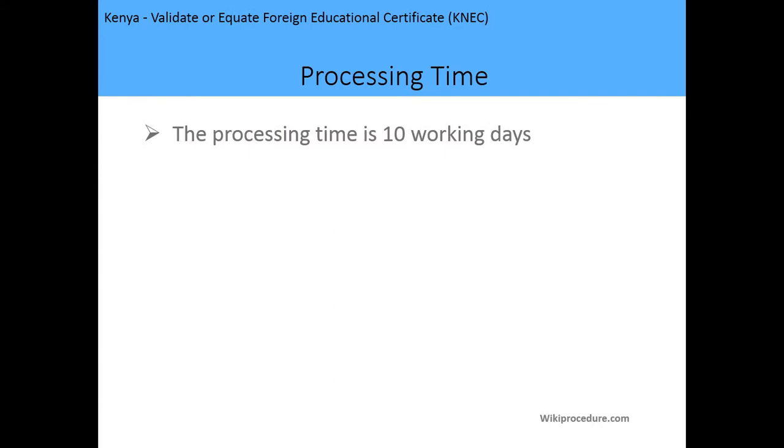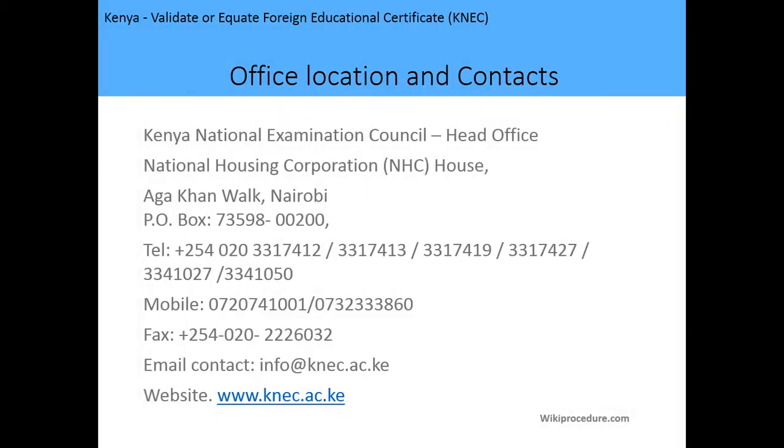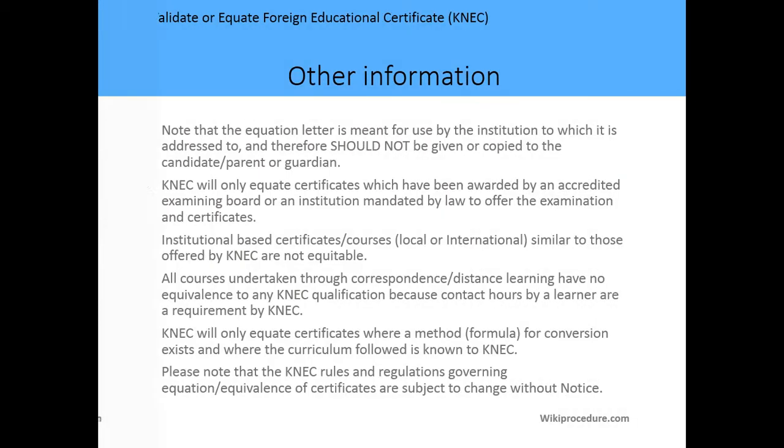The processing time is 10 working days. The Kenya National Examination Council is located at the National Housing Corporation at Aga Khan Walk, Nairobi, opposite Cooperative House, and you can visit them at www.nec.ac.ke.